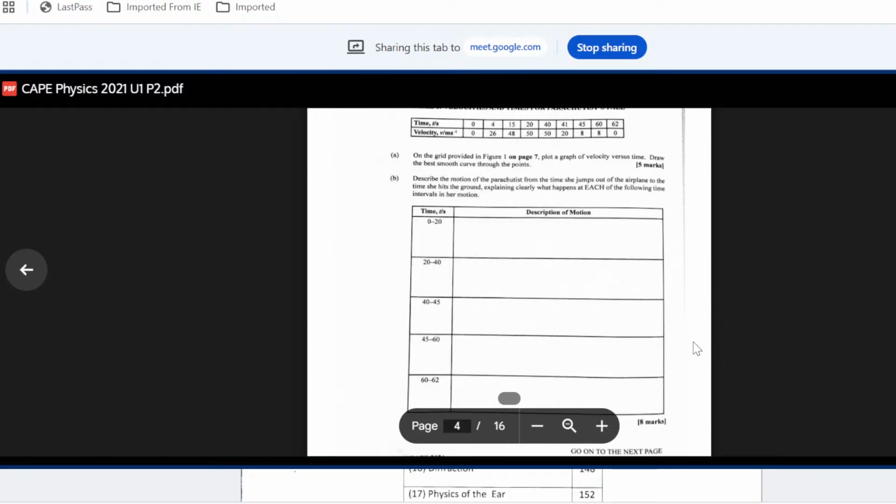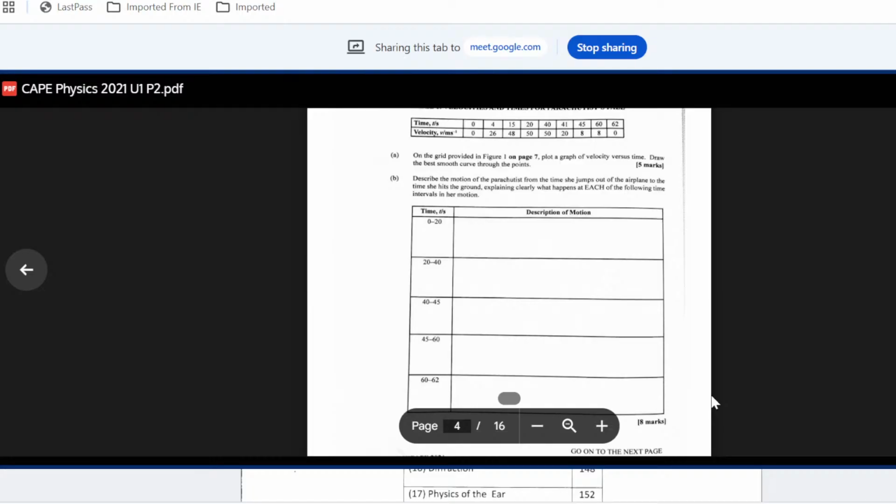Yes. Alright, so we'd have a decrease in the velocity, and then from 45 to 60, what do you say happens now? I would say terminal velocity with the parachute, with the parachute open, as in it's been pulled, because we're at constant velocity again.